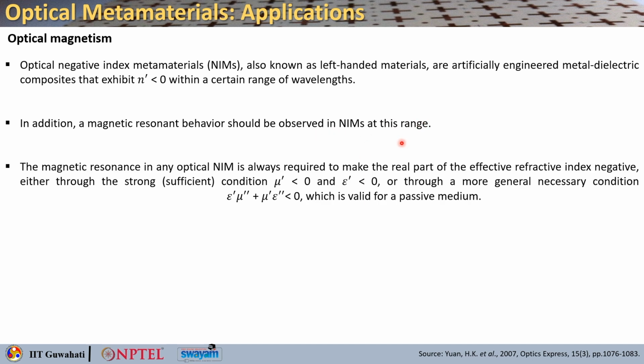The magnetic resonance in any optical negative index material is always required to make the real part of the effective refractive index negative.